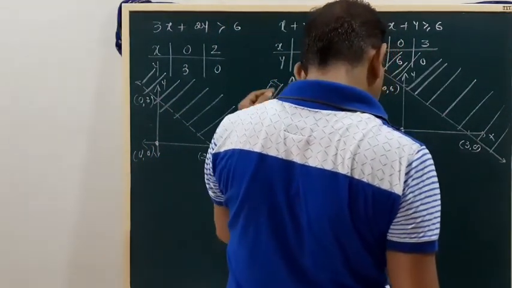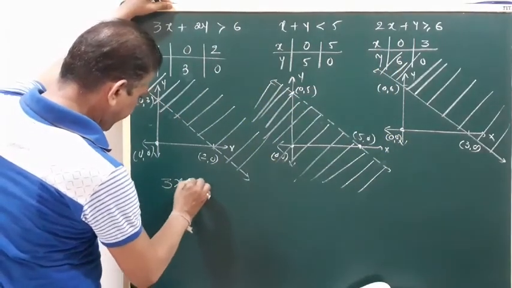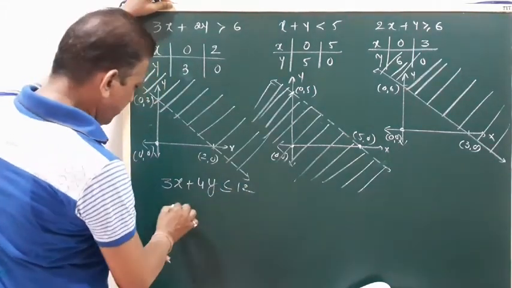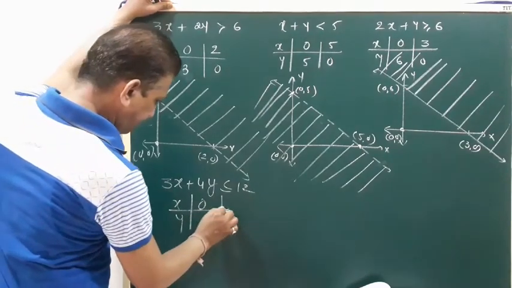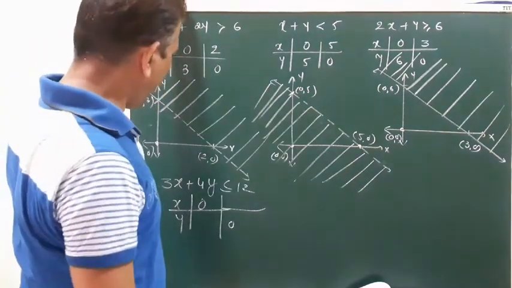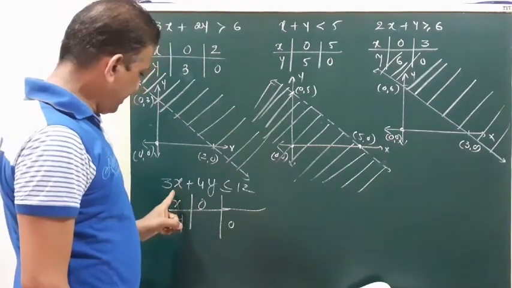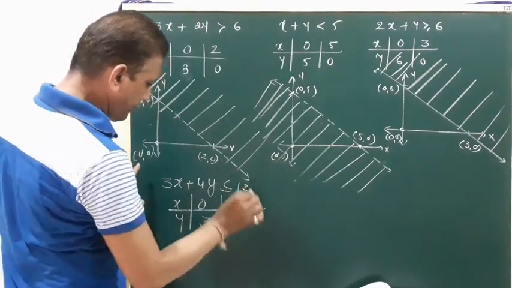Okay, third question: 3x plus 4y less than or equal to 12. Here again the equal to sign is given. First the table. Put x equal to 0: 4y equal to 12, y equal to 3.